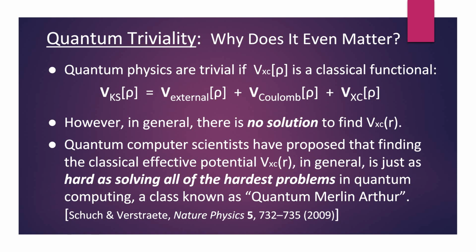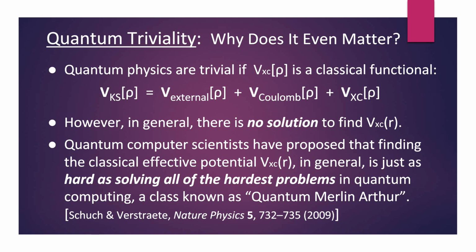Now, this class, known as quantum Merlin-Arthur, is tremendously important for quantum computing applications, and it would seem to suggest that actually doing quantum chemistry is the same as doing quantum computing. Because if we could solve the exchange correlation functional in general, we could then set up our quantum chemistry problem to solve quantum computing problems and do things like break all the encryption on the internet.